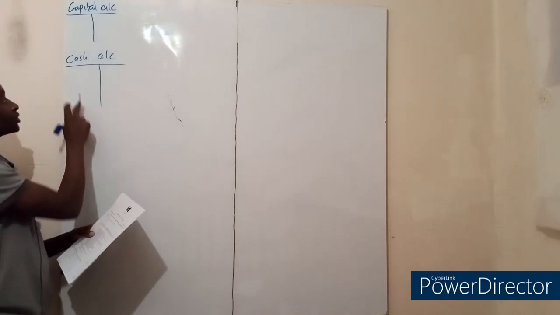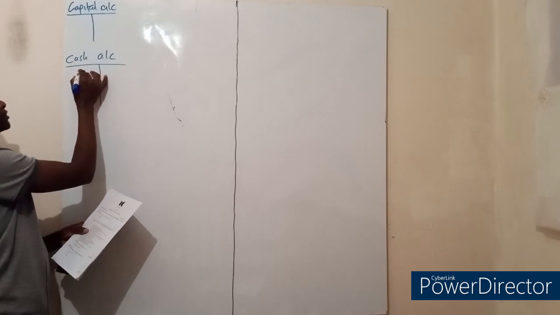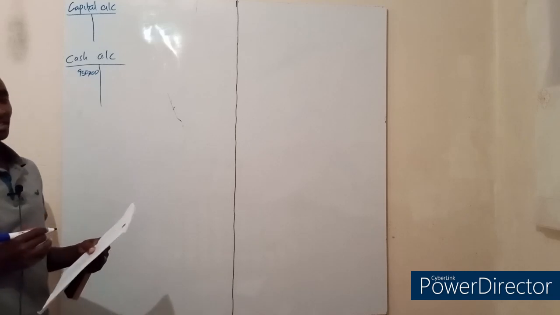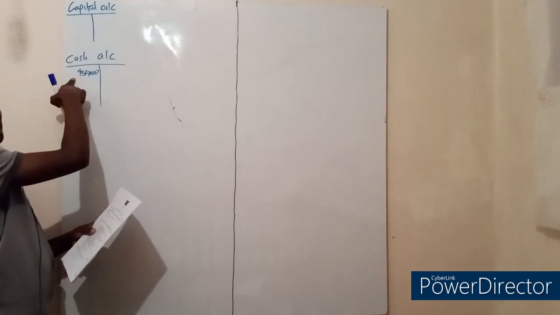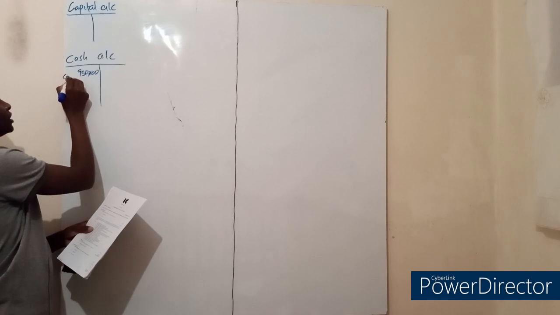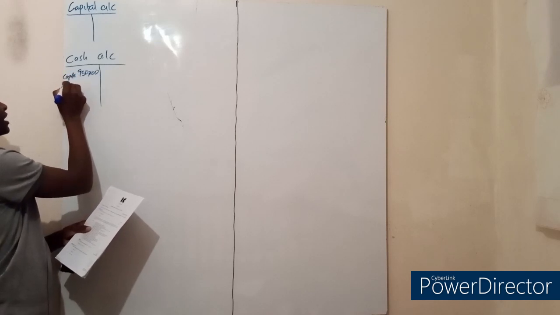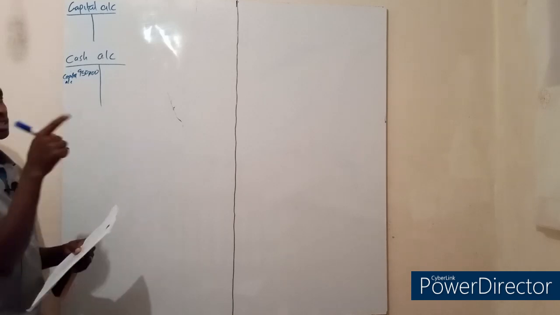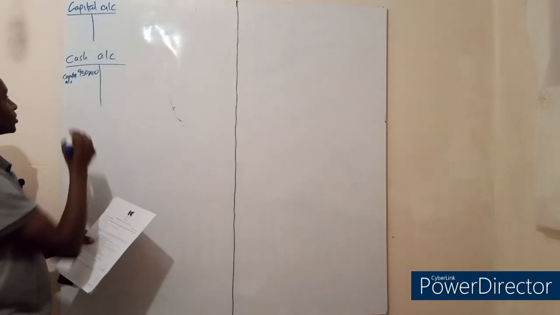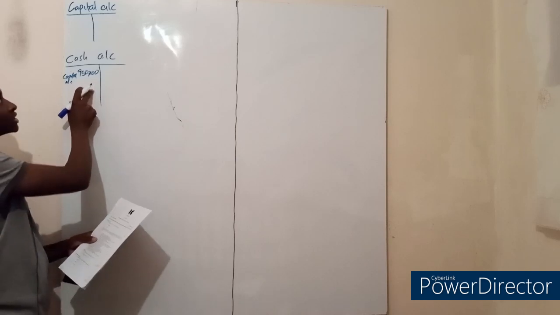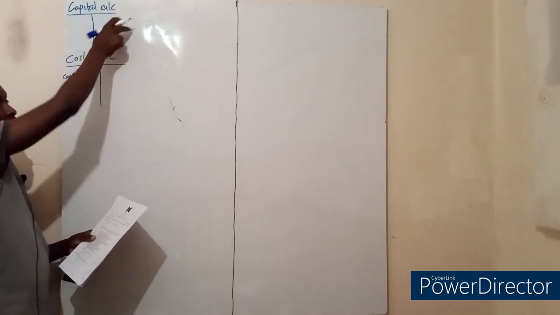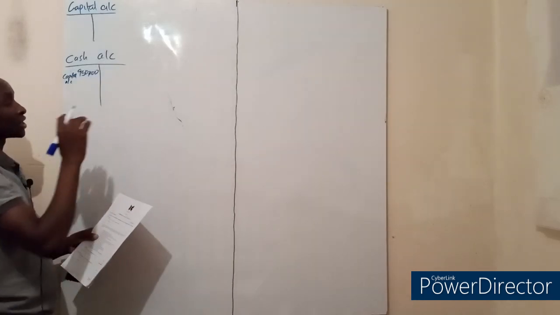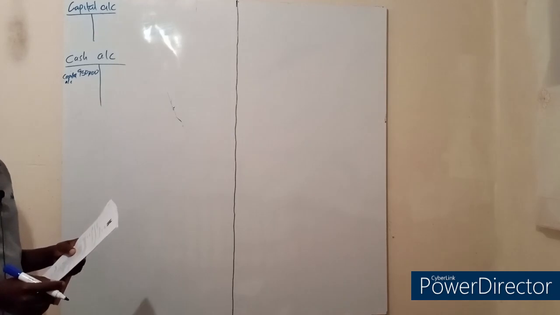Are you together? So here we have 950,000, right? But what are you going to write here? You write capital account, because this is where the cash account is going to complete the double entry with the capital account. Since this is the debit side of the cash account, the capital account will automatically take the credit entry, for us to obey the double entry rule of accounting, right?